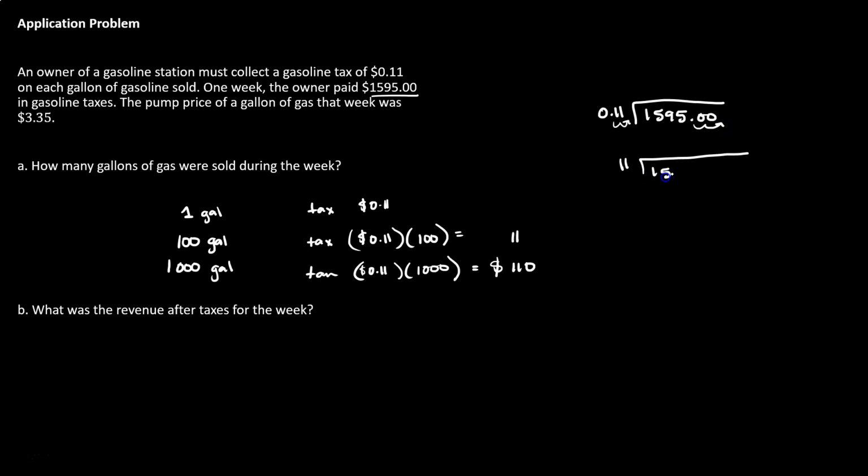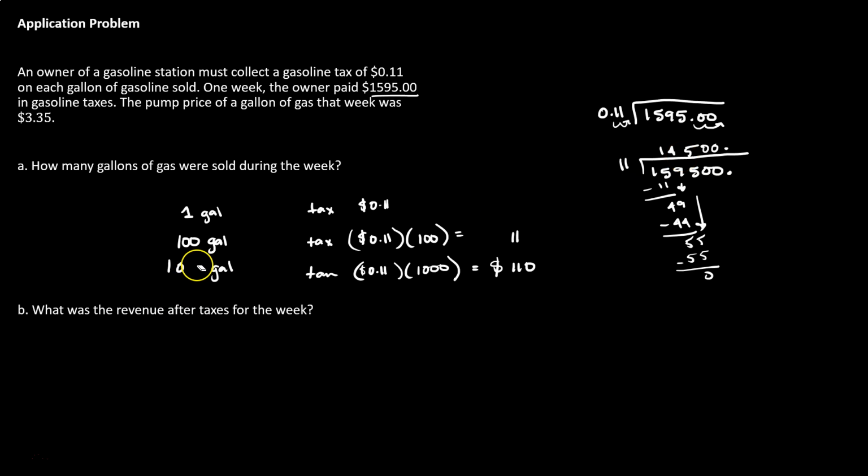So my dividend now becomes 159,500. 11 goes into 15 once with 4 left over. 11 goes into 49 4 times with 5 left over. 11 goes into 55 5 times with nothing left over. So then I need to copy up my decimal place and fill in placeholder zeros. We just found out that the gas station must have sold 14,500 gallons of gas.